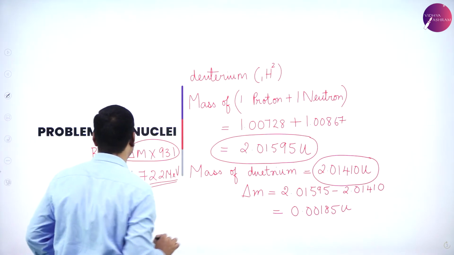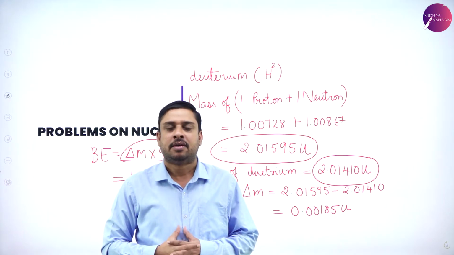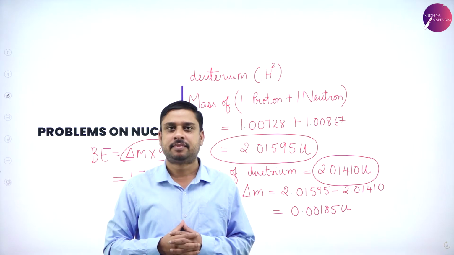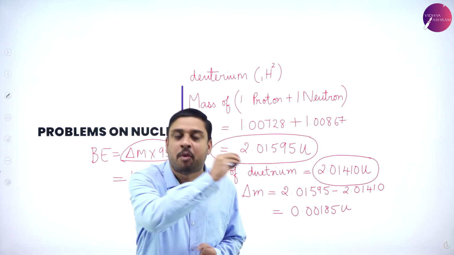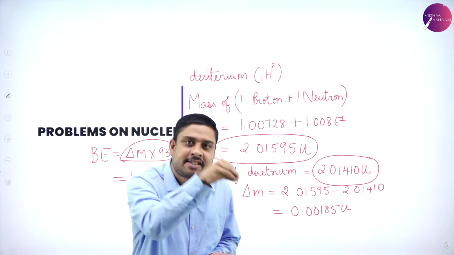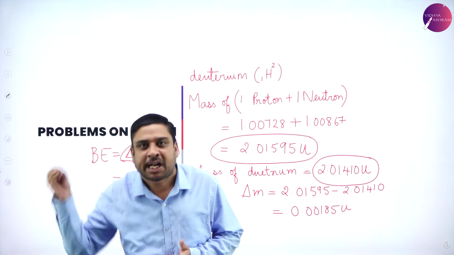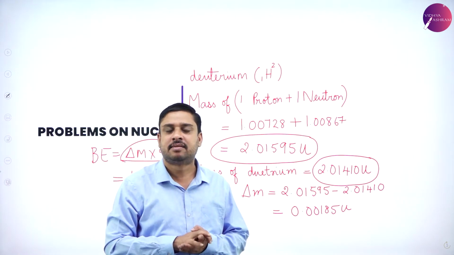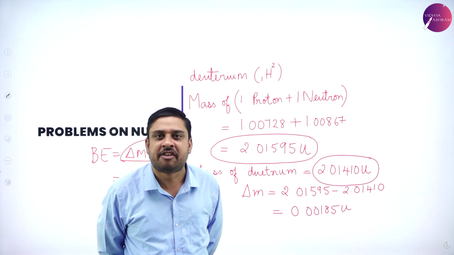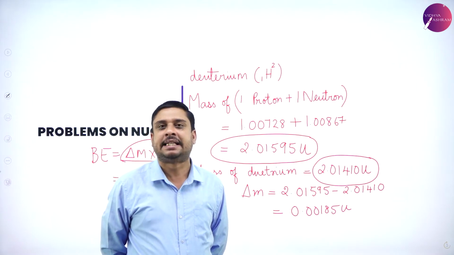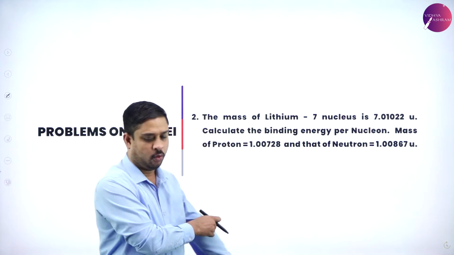So this is the binding energy of the nucleus. For mass defect you have to subtract the sum of constituent nucleons mass from the actual mass of the nucleus. Binding energy is that mass defect into 931. Next one, students.